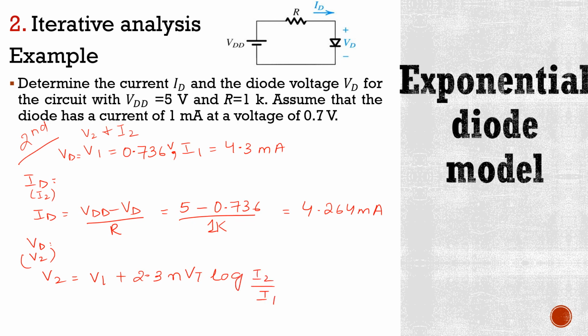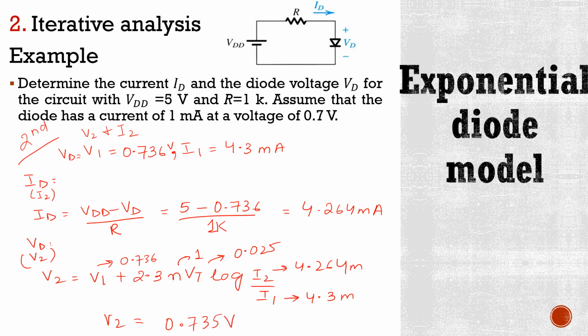We know what V1 is. V1 is 0.736. We know what N is. N is 1. We know that VT is 0.025. We know that I2 is 4.264 and I1 is 4.3 milli. So after solving this, you will get V2 is equal to 0.735 volts.